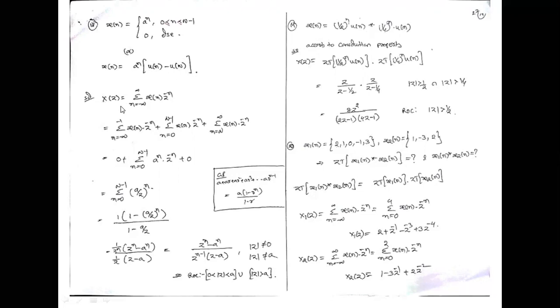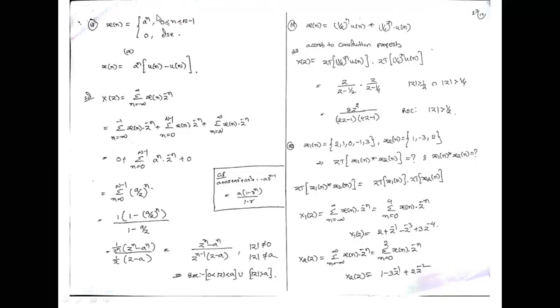So according to the definition of the Z transform, X(z) is equal to the sum of n from minus infinity to infinity of x[n] z^(−n). So now you can take here u[n] minus u[n−N]. So from 0 to N−1 only the value is 1, and the remaining ranges, N to infinity and minus infinity to −1.